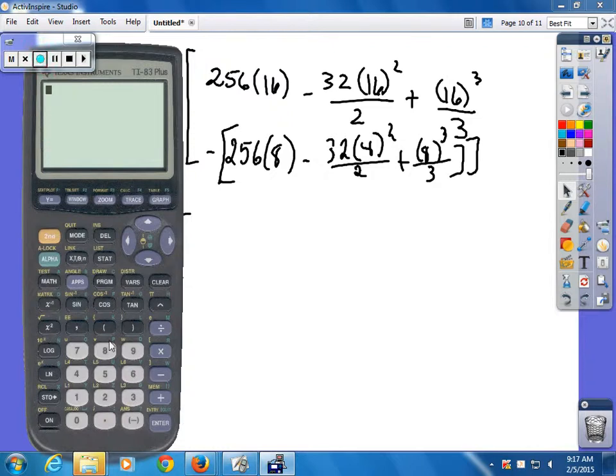And then this one is going to be parentheses 256 multiplied by 8, close parentheses, minus parentheses 32 multiplied by 4 squared, close parentheses, divided by 2, close parentheses, plus parentheses 8 to the third, close parentheses, divided by 3, close parentheses, and that should be it. I got 1962. Is that what y'all got?